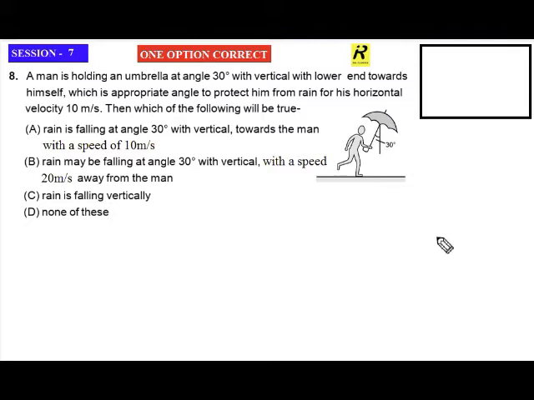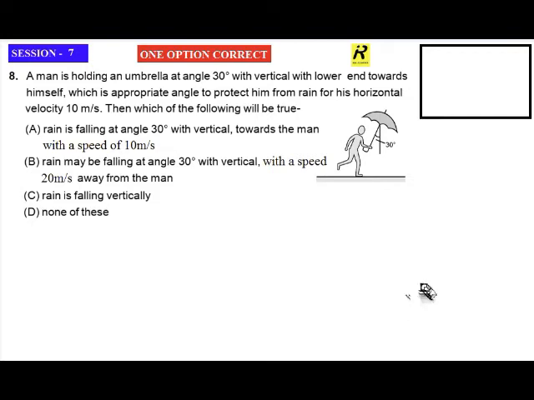Say this is an angle alpha here. So now in order to obey the criteria, the velocity of the raindrop with respect to the man along the horizontal is negative, like this. So this will be minus 10 meter per second.